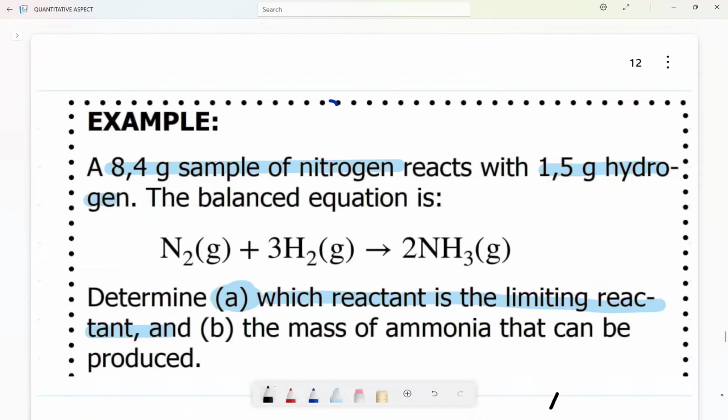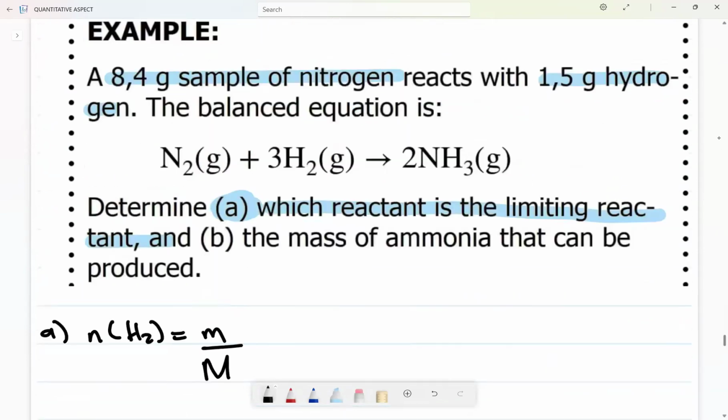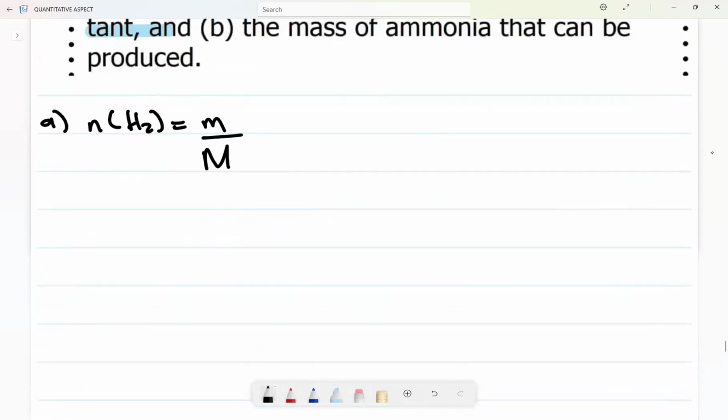Remember, we just said for number A we need the number of moles of both my reactants. So I'm going to need the number of moles of N2, which is mass divided by molar mass. Some people write molar mass like this. If your school teaches you like this, it's still fine. Relative molecular mass is still the same thing. What is the mass of nitrogen? It is 8.